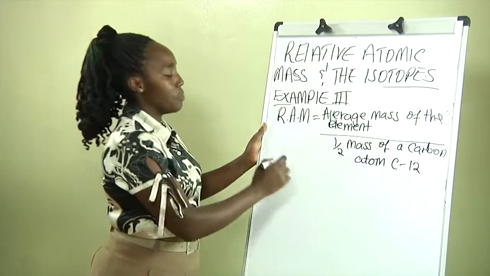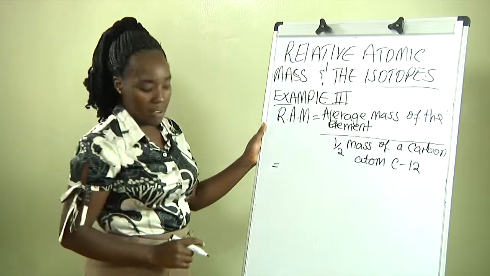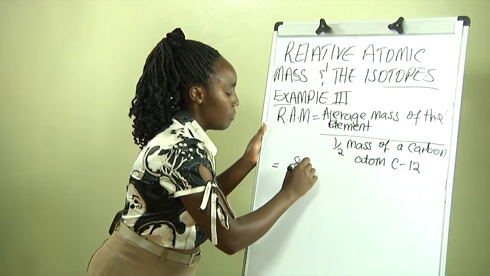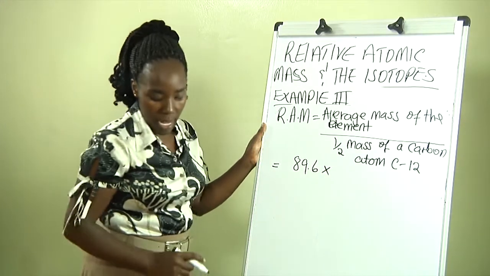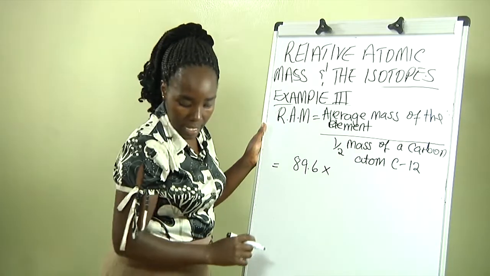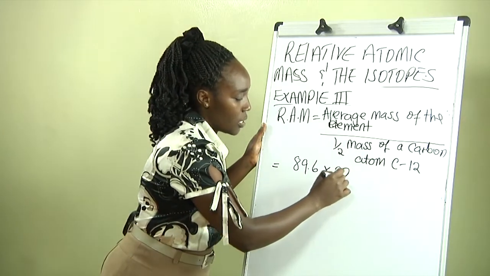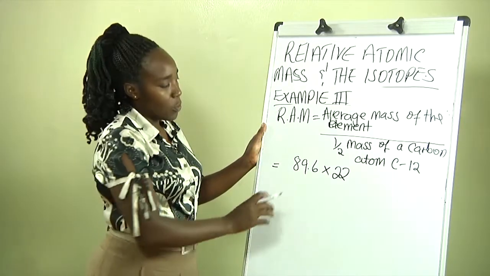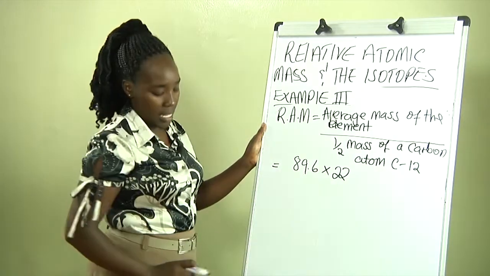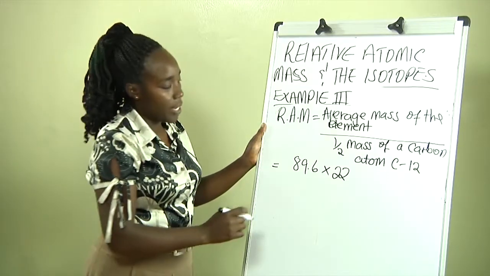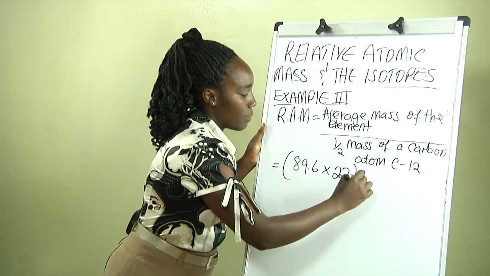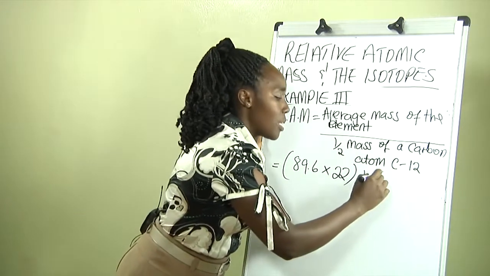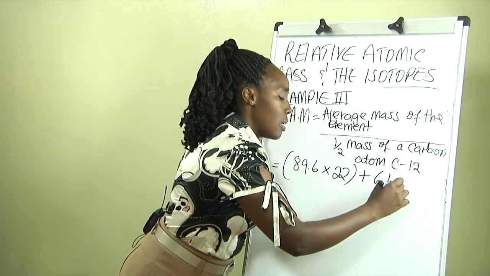Therefore, our average masses we have as given in the question. That is, we have the 89.6, we multiply by the first mass, which was 22. The second one is plus the second mass, which was 24. We multiply by the percentage, that is 6.4.